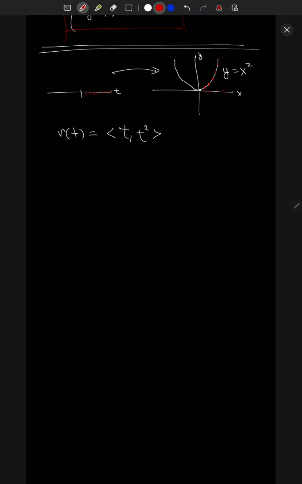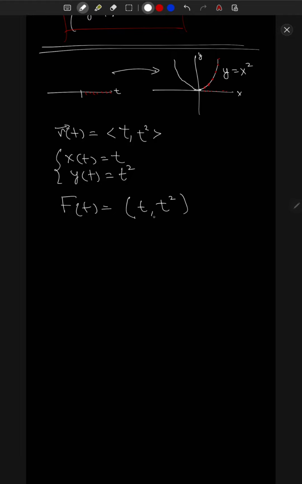In terms of the better notation, x of t equals t, y of t equals t squared. Again, this is an alternate way to write it. Or sorry, I should put an arrow up there. Or sometimes I like this even better, f of t equals parentheses t comma t squared, to emphasize that's a point, and no arrow on top here because it's not a vector.